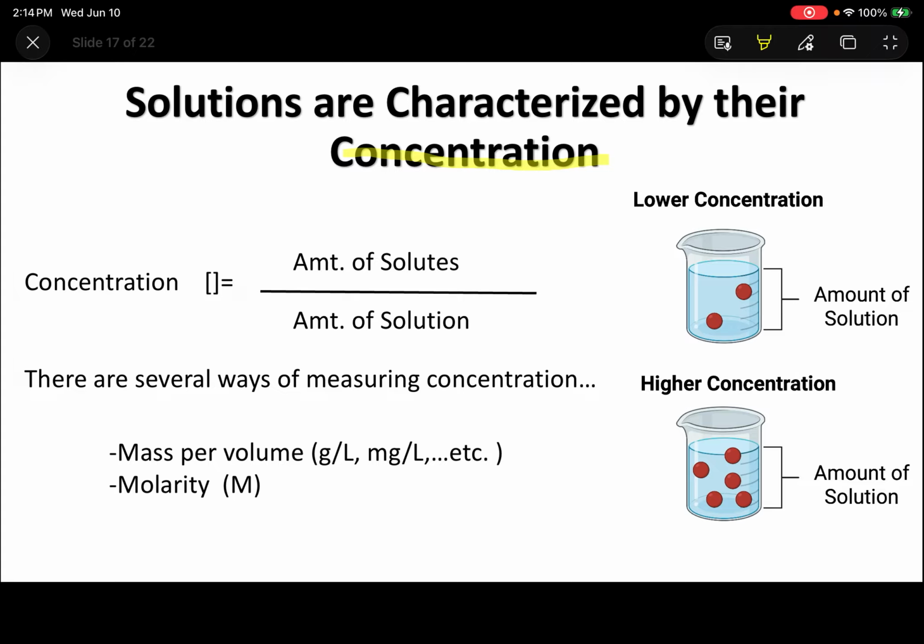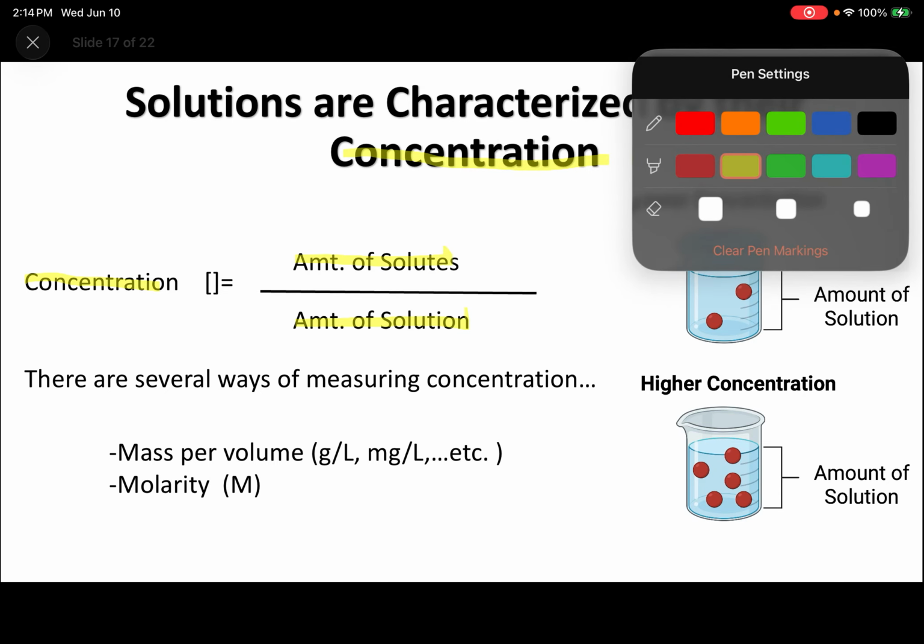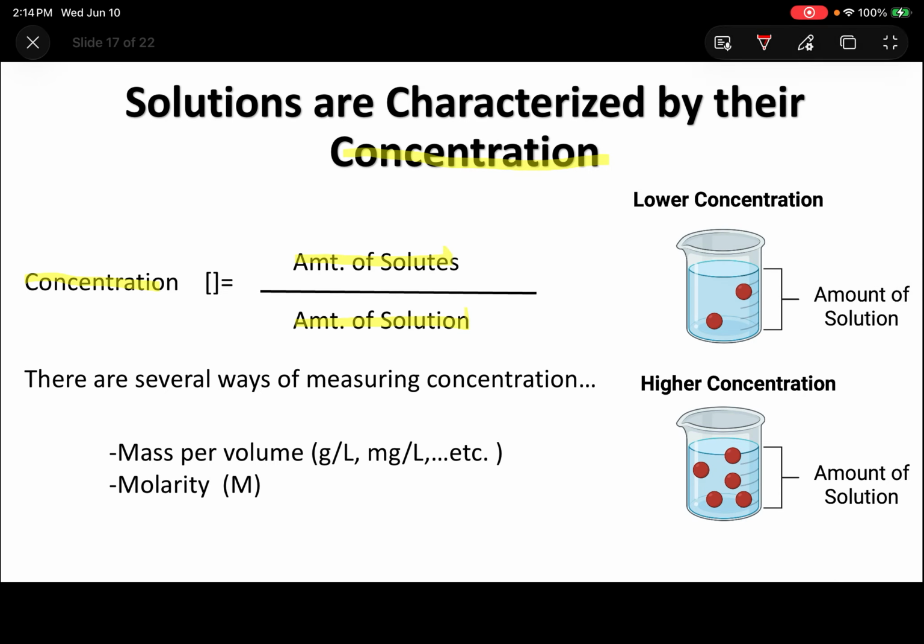So concentration can be calculated as the amount of solute over the amount of solution. Okay. So in our Kool-Aid example, maybe we had 1 pack of Kool-Aid and 1 liter of water, okay? And this is going to give us a specific number. That's the concentration. The concentration, how much Kool-Aid is in this water.